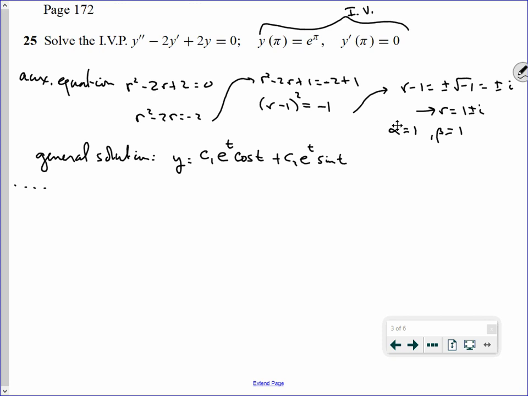And we get the c1 and the c2 by looking at the initial value parts here.